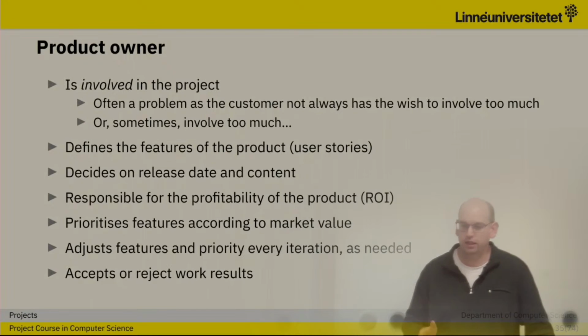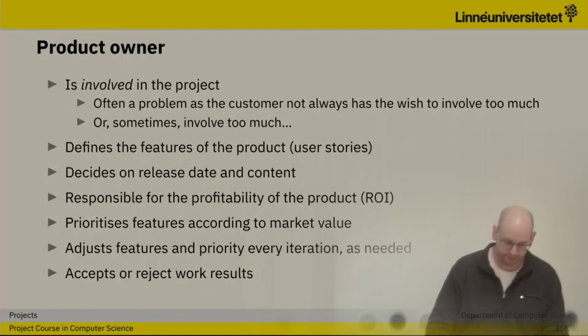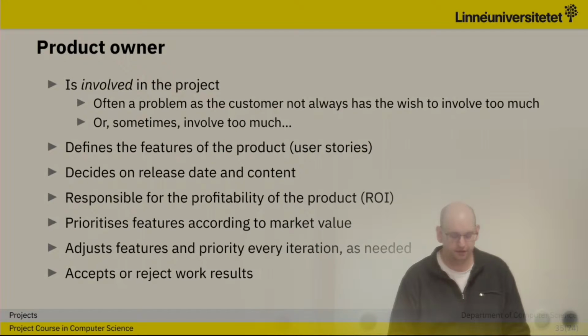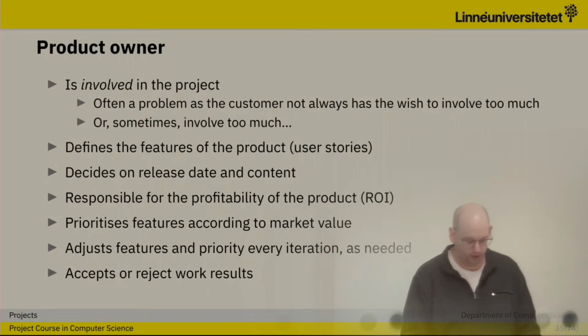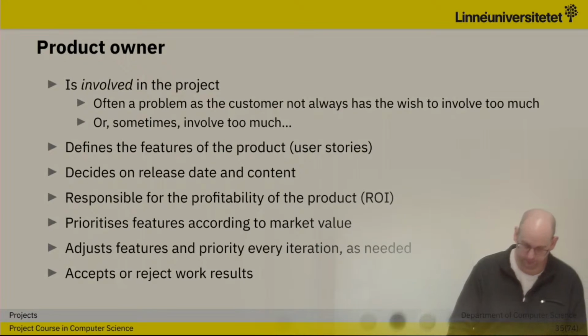That's why, instead of going dead ahead to the final product, we go like this, as in the picture before. In the end, it's the product owner who decides whether this work should be accepted or rejected, as it is a product owner who has most likely formally requested this piece of software.